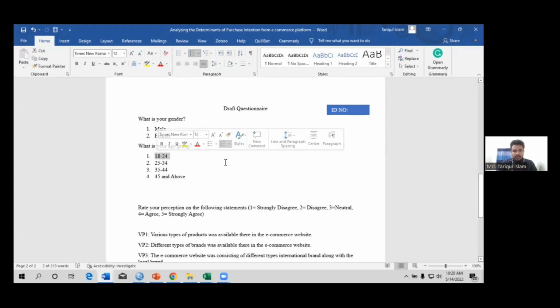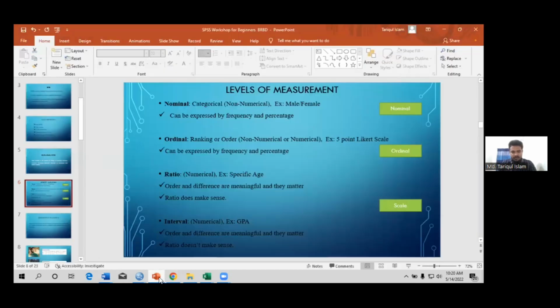That's why it should be either nominal or ordinal, but there is another confusion. Which one? So just day before yesterday, I was looking for the answer.